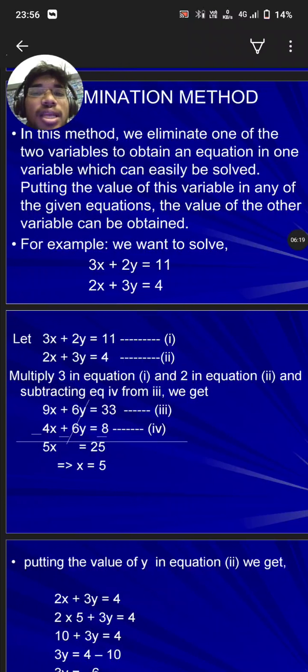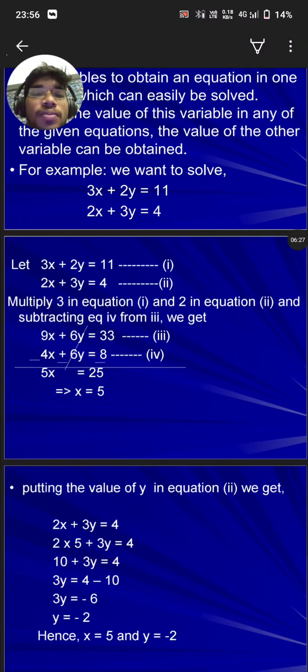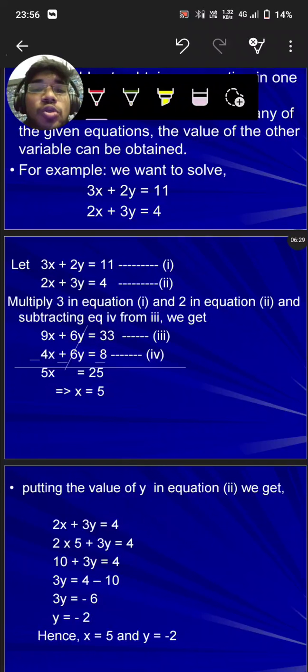In this method we eliminate one of the two variables to obtain an equation in one variable which can easily be solved. For example, 3x plus 2y equals 11 and 2x plus 3y equals 4. These are two linear equations.